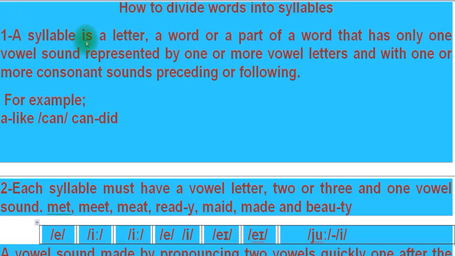A syllable is a letter, a word, or a part of a word that has only one vowel sound represented by one or more vowel letters, and with one or more consonant sounds preceding or following. For example, like, short sound, like, and can.